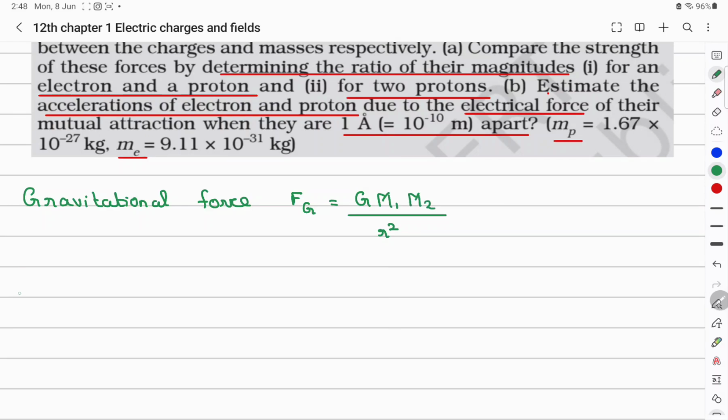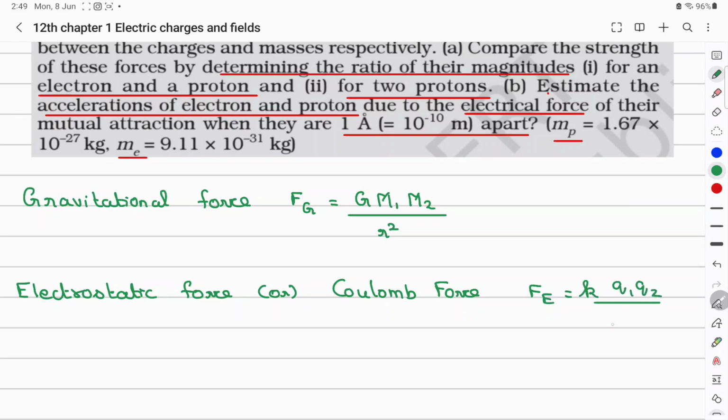And the electrostatic force, which is the Coulomb's law of force of attraction, which is F_E is equal to K Q1 Q2 by r square.